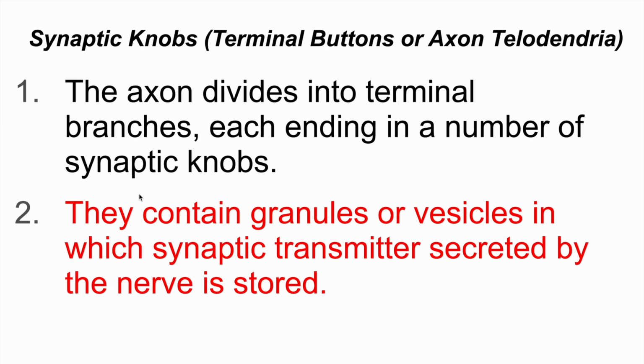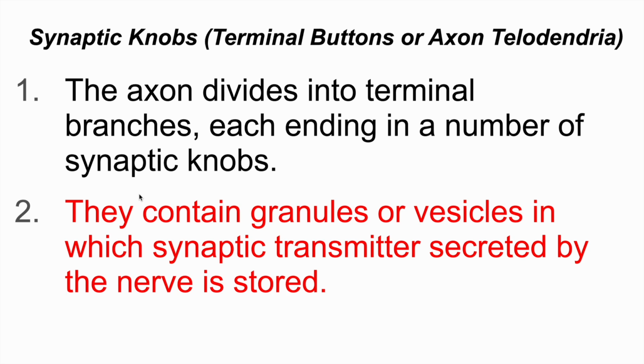They contain granules or vesicles which are filled with the neurotransmitter, and till the message reaches them, the neurotransmitter is not released. Once the message reaches them, it is released into the synapse, the space between a nerve fiber and the nerve terminal.